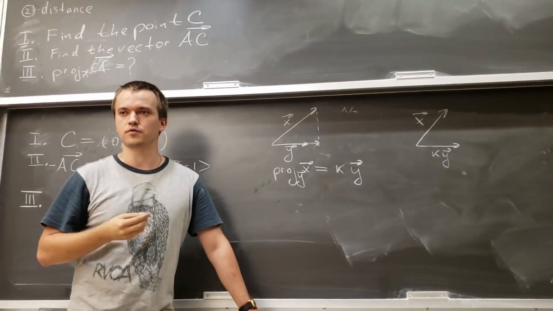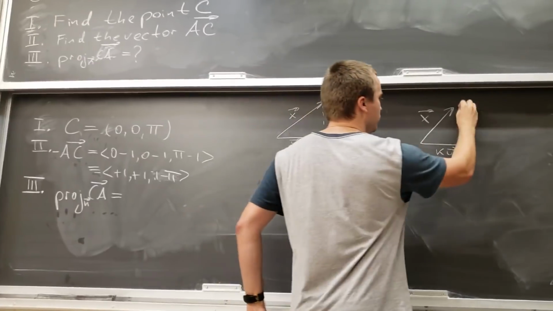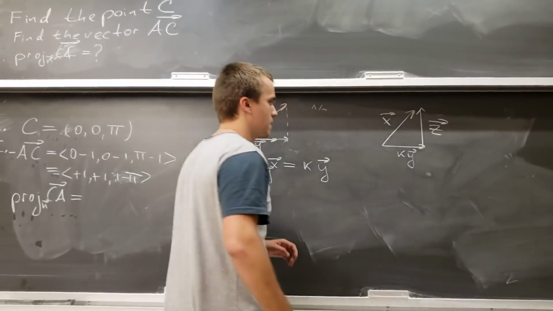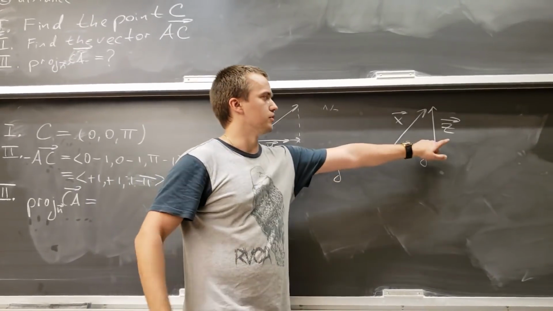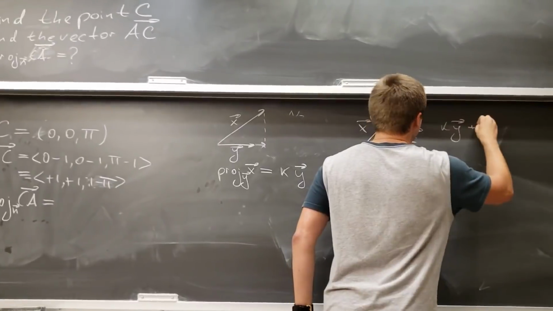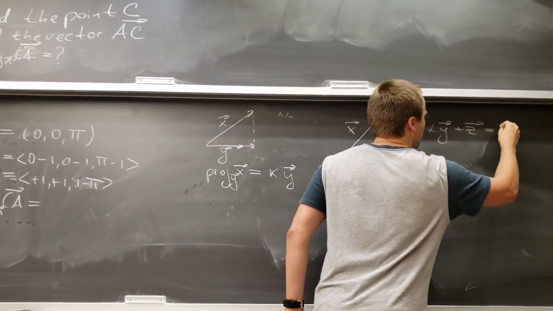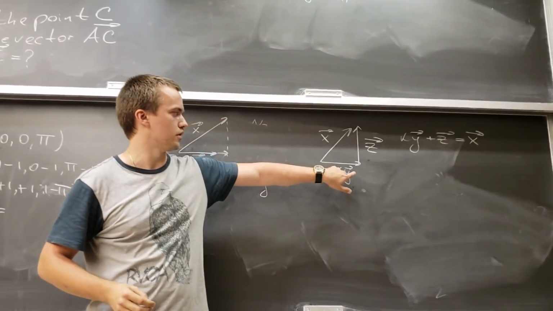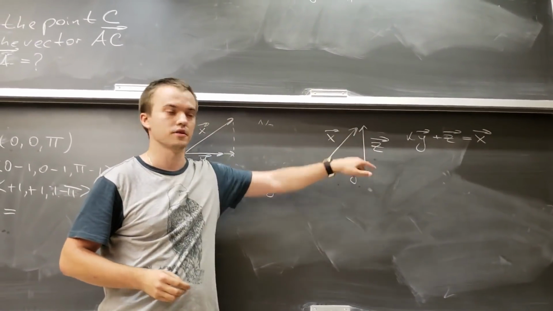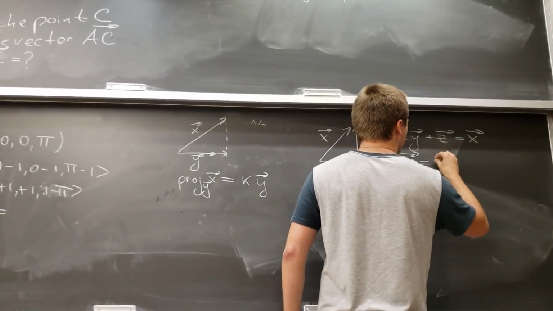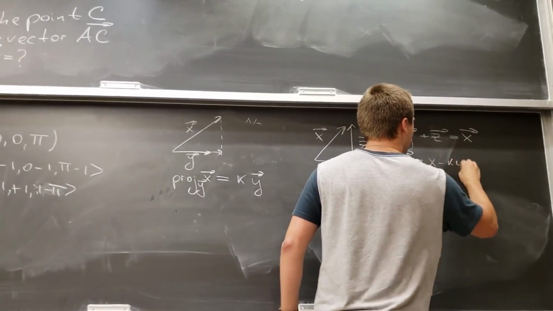And if we have 2 vectors, we can find the third one. Let's say vector z. We know that ky plus z equals x, by using the rule of adding vectors. So from here I get that z equals x minus ky.